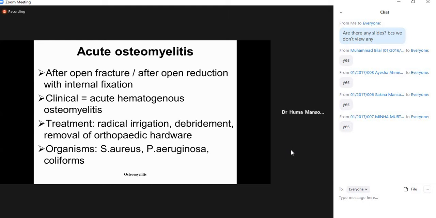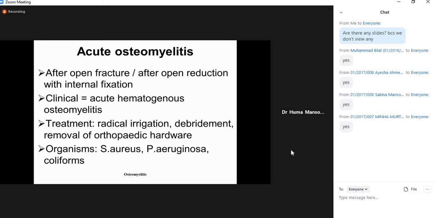So when there is ischemia owing to the sickle cell crisis, most of the labile organisms become active. So sicklers are also very prone to osteomyelitis, and in sicklers the organism causing osteomyelitis is Salmonella.